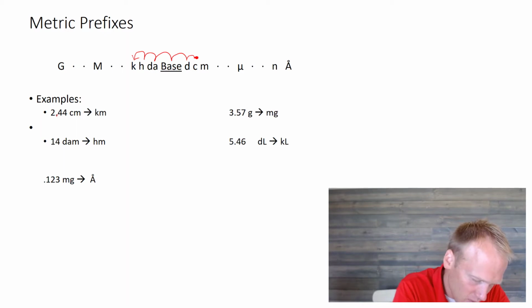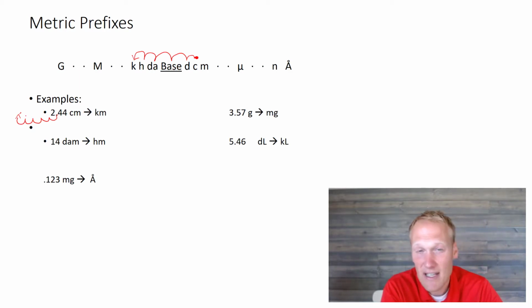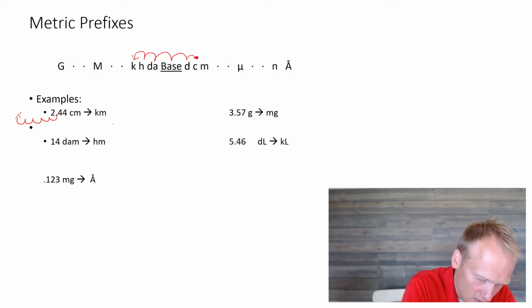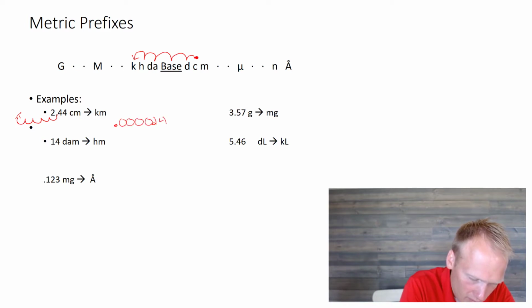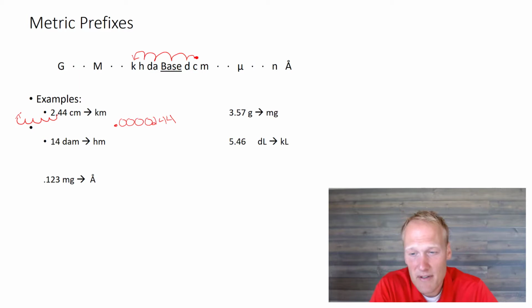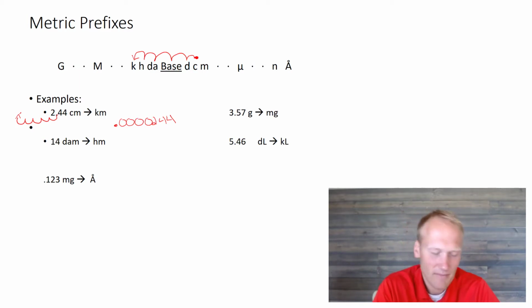So here's my decimal. 1, 2, 3, 4, 5. Okay, now there were some powers of 10 there that didn't have digits. Those would just become zeros. So 2.44 centimeters equals 0.0000244 kilometers.